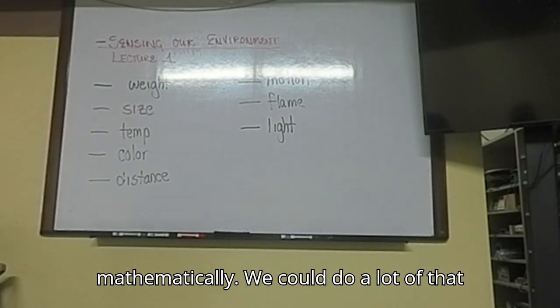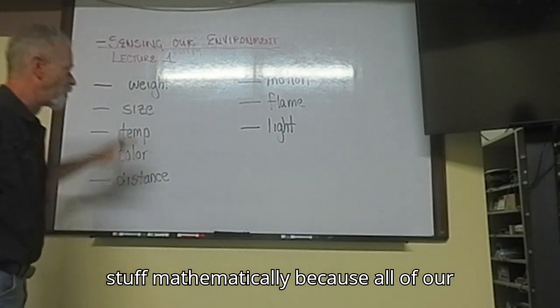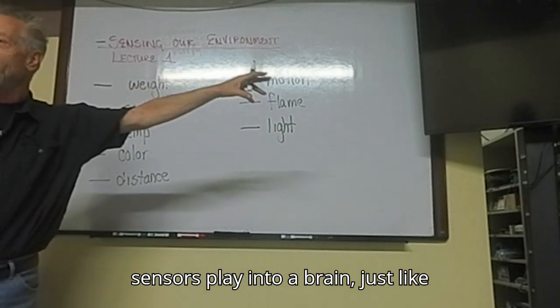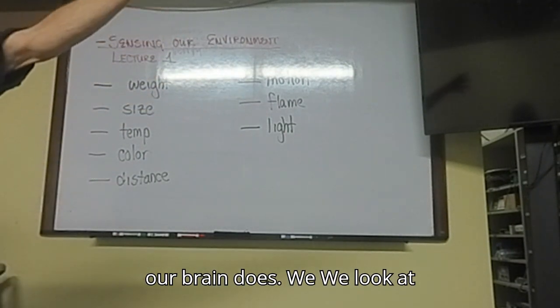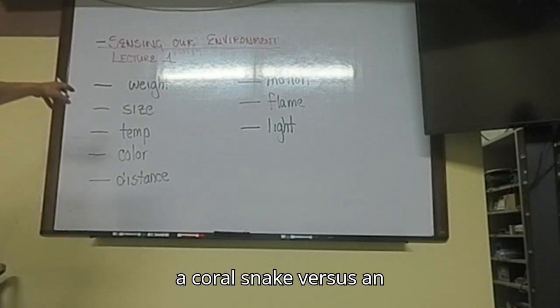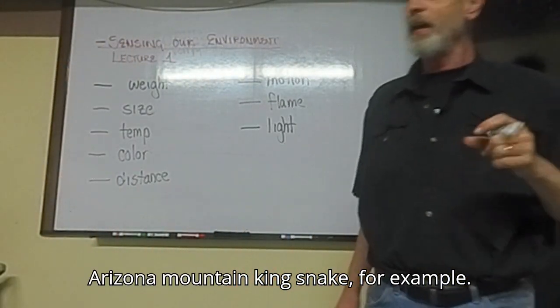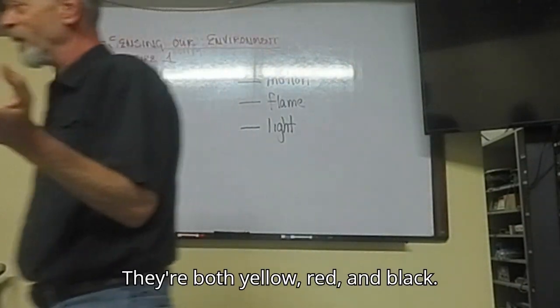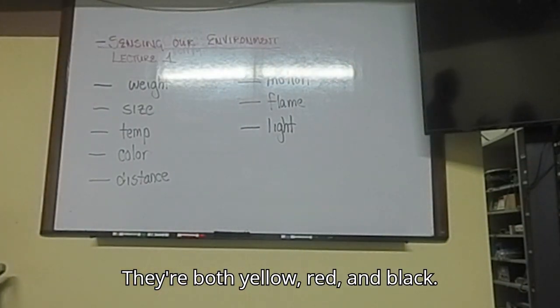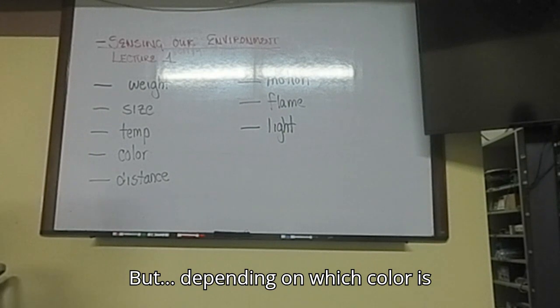Okay. We can do a lot of that stuff mathematically because all of our sensors play into a brain, just like our brain does. We look at a coral snake versus an Arizona mountain king snake, for example. They're both yellow, red, and black, but it matters what order the colors come in.